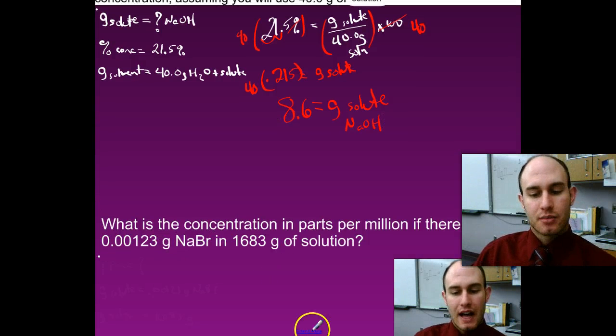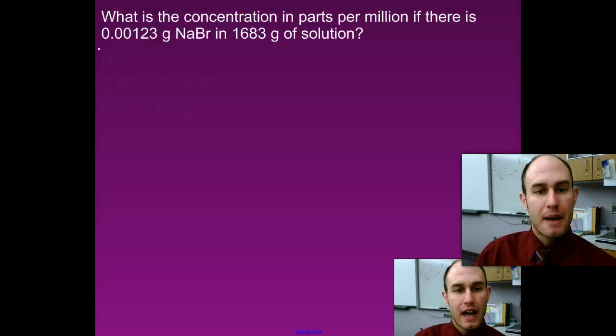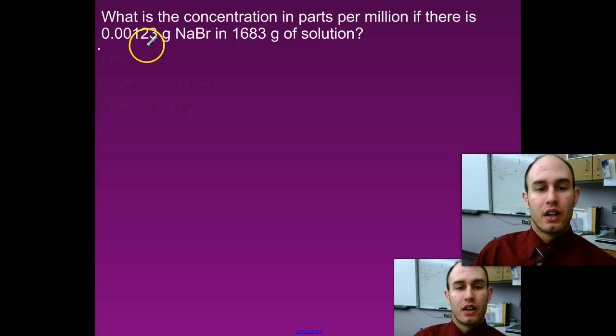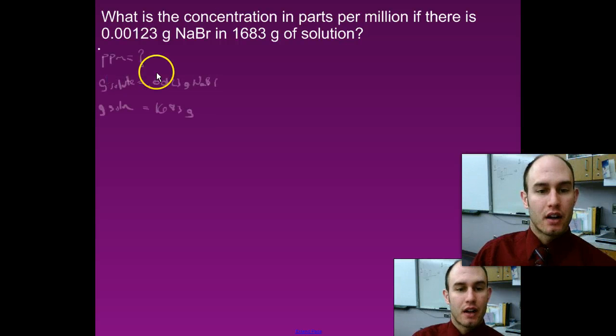And then the last problem that we want to go ahead and take a look at is to find the concentration in parts per million if there is 0.00123 grams of sodium bromide in this many grams of solution. So again, let's identify our variables here.